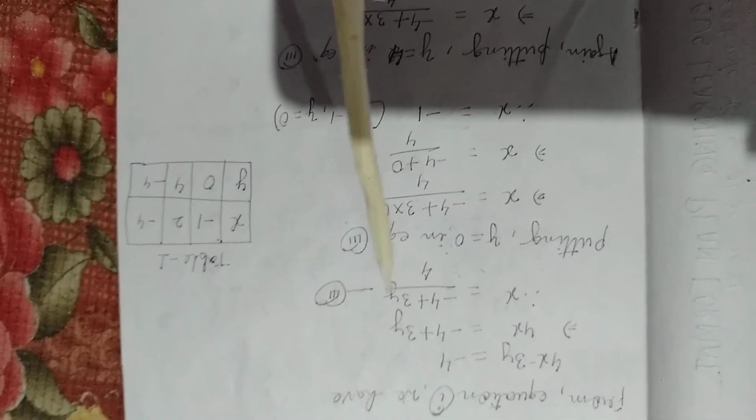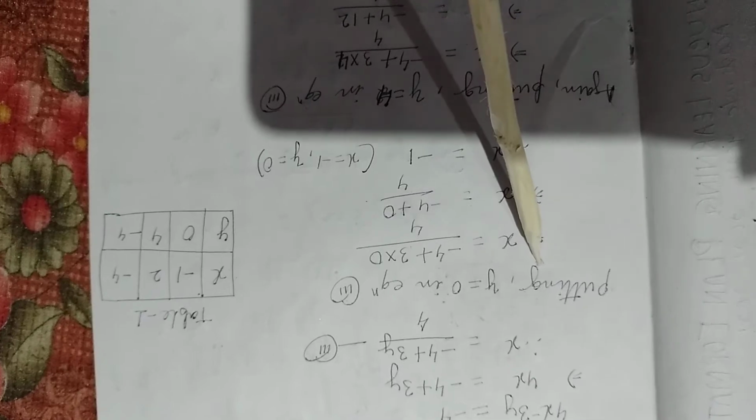Like we did last time, whatever value you take for y, remember that after multiplying with 3 and adding 4, whatever result we get should always be divisible by 4. If we are not able to divide the result by 4, then you have to change the value of y. We cannot use a fraction.